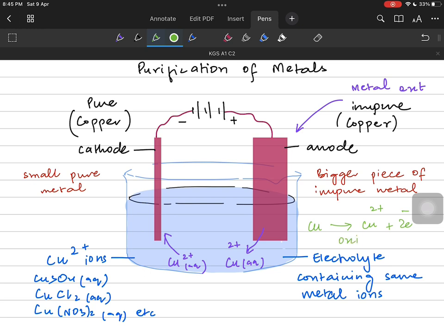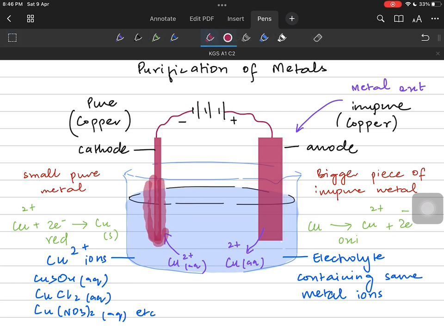So this is oxidation happening on the anode. This is common, because the anode is always oxidation, and on the cathode the copper ions will reduce themselves to make pure copper. This is reduction. The size of the anode will decrease and you will start seeing the cathode size increasing. So by the end, the anode will reduce in size and the cathode will increase in size.